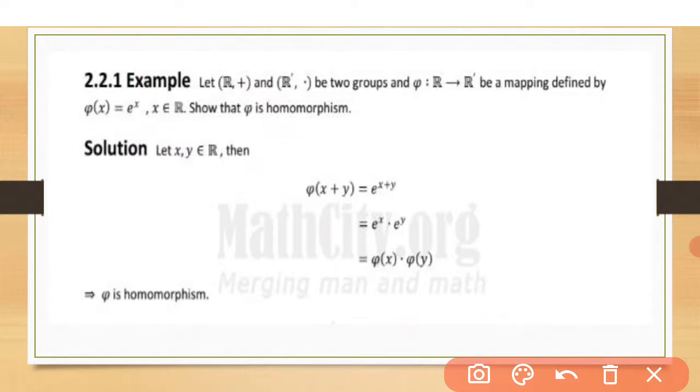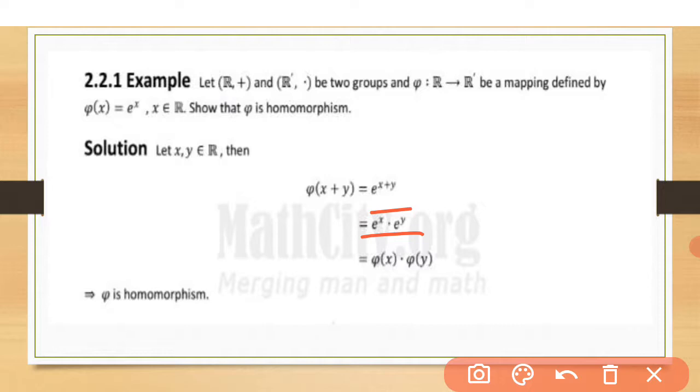Let's start. The domain is with respect to addition. So x, y belong to R, then phi of x plus y, because here the operator is addition, will be equal to e raised to power x plus y, which is also equal to e raised to power x dot e raised to power y by applying the power rule.